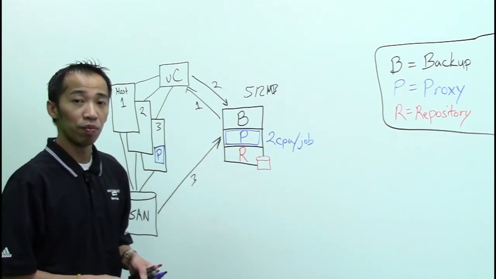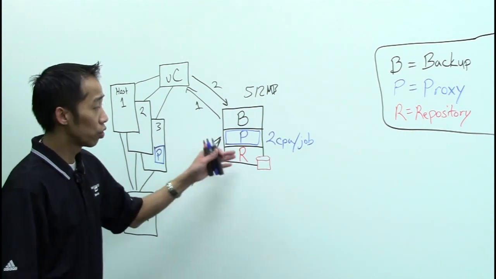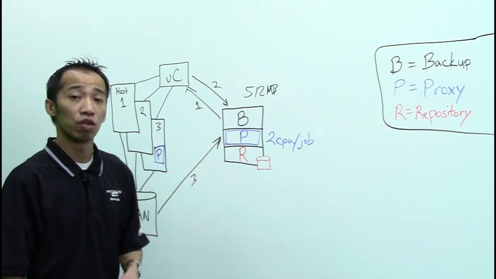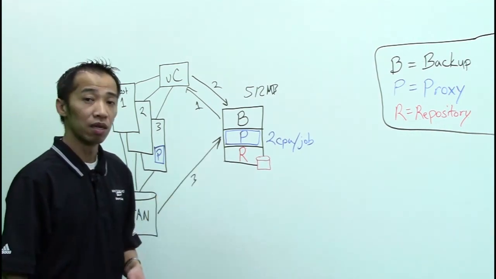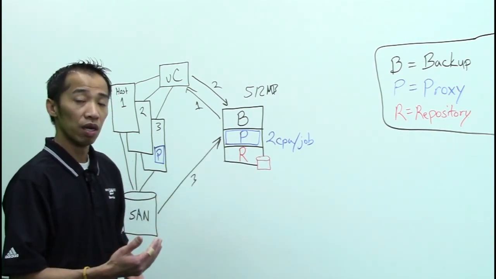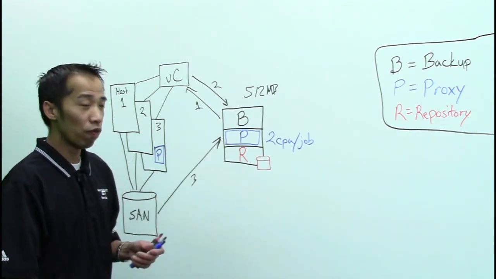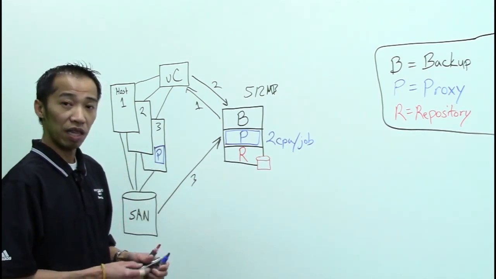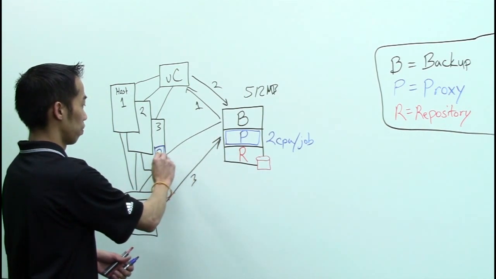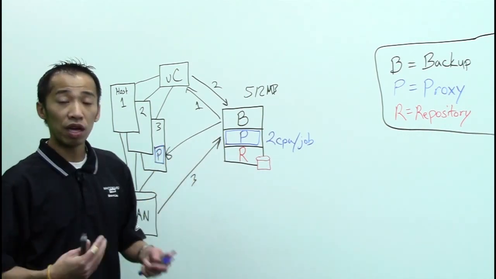Okay? So now let's take a look at what happens when my 3rd job runs. Right, so the first 2 jobs are automatically going to go to the physical proxy because it can use direct SAN access mode. But now it's busy processing those first 2 jobs. So job number 3 and job number 4 get handed off to the virtual proxy by the backup server. Okay?